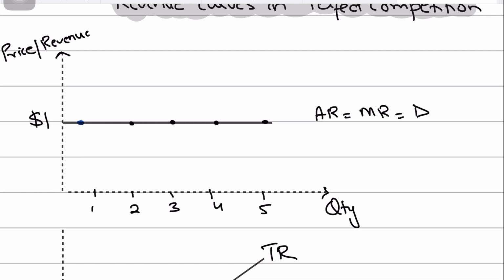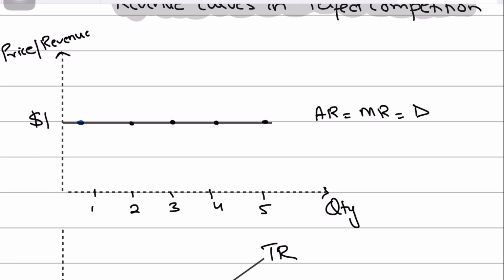So definitely this also establishes a demand curve, right? So that is why we say that they all coincide, right, along the same line. So your average revenue curve and your marginal revenue curve is basically a horizontal straight line.